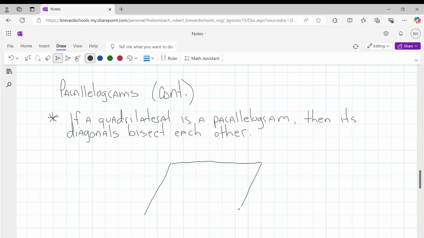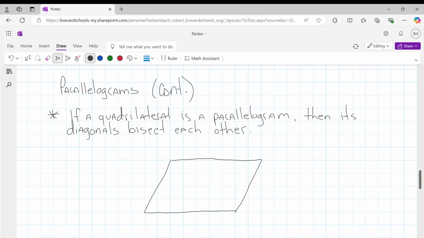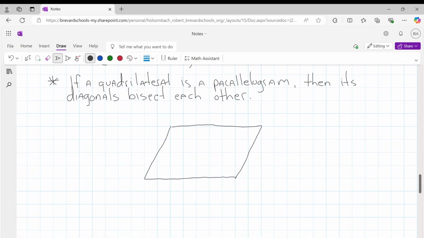So quadrilateral's got four sides. Parallelogram has opposite sides that are parallel. Diagonals connect non-consecutive vertices.